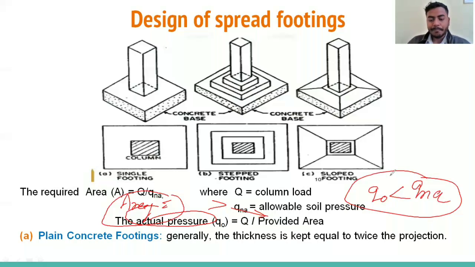To be on the safe side, suppose you have provided the same area as required, then you will see in that case that Q naught will be equal to Q_na. So no need to calculate the actual pressure. But generally we always provide some greater area compared to the required area, so we have to calculate the actual pressure that will develop at the base of the footing, right?